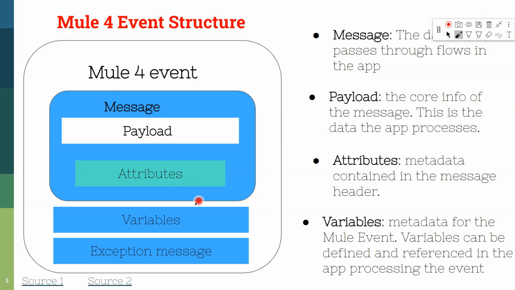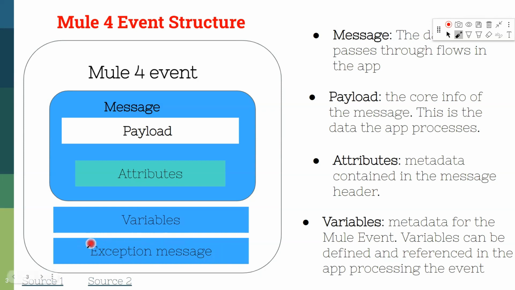The other component we saw are variables. We created different kinds of variables using set variable and also transform message. And we saw how to access variables using vars.variableName. And the last component that we are talking about today and tomorrow is this exception message, or the error. How do we handle the error?